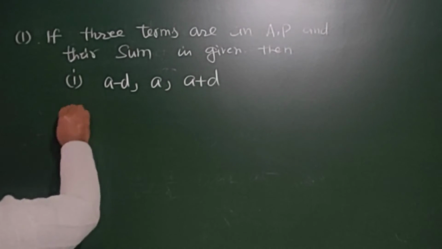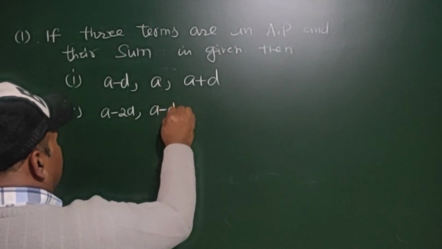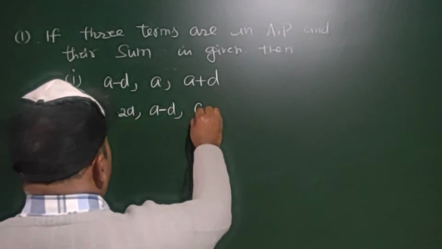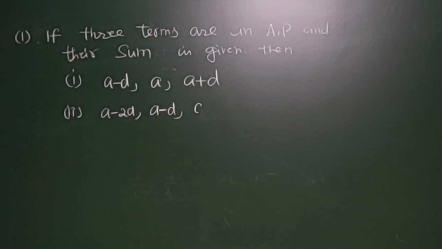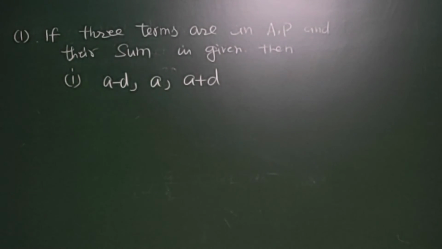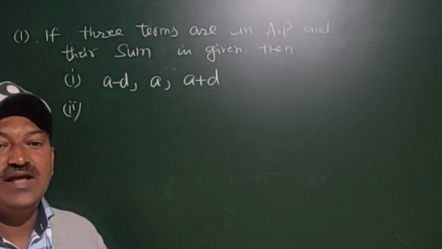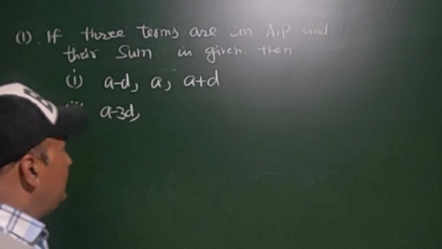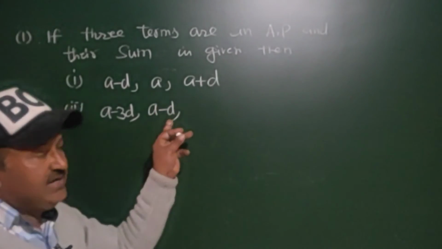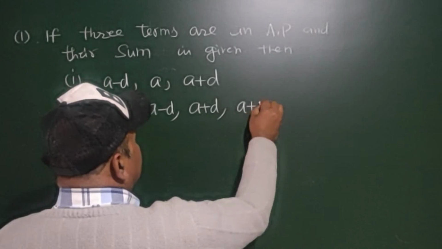And in case of four terms, you have to take A minus 3D, adding 2D, we get A minus D, again adding 2D, we get A plus D, and last, again adding 2D, we get A plus 3D.